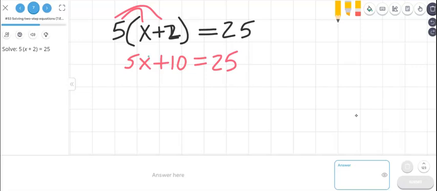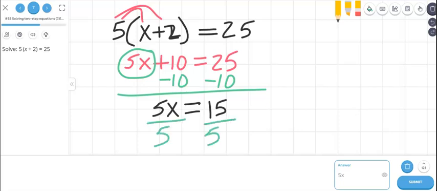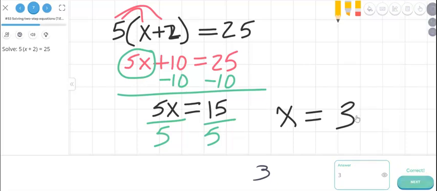Now we're going to get rid of the plus 10 by doing minus 10. So 5x comes down. 25 minus 10 is 15. Then we're going to divide both sides by 5. And we end up with x equals 3. 15 divided by 5 is 3.